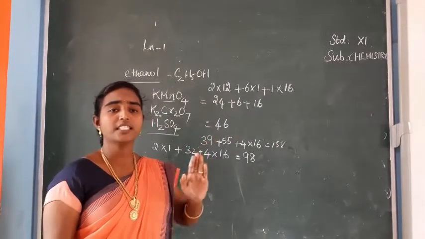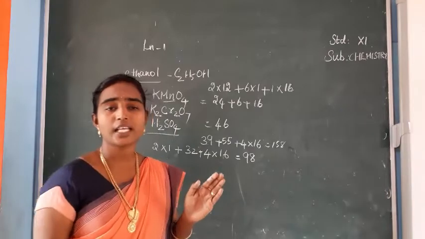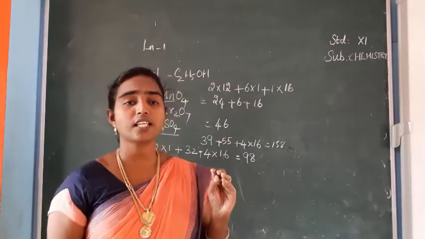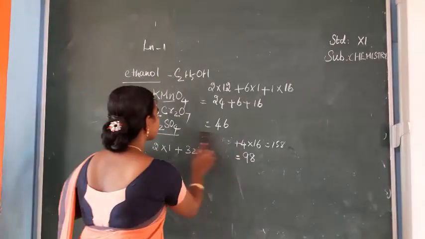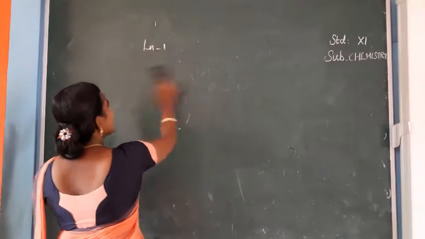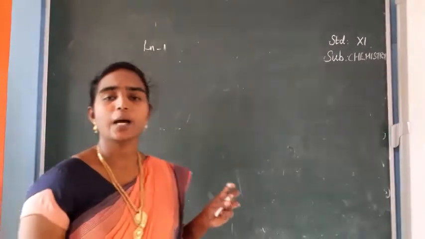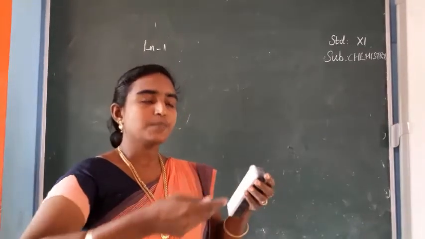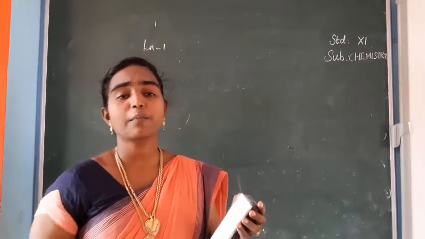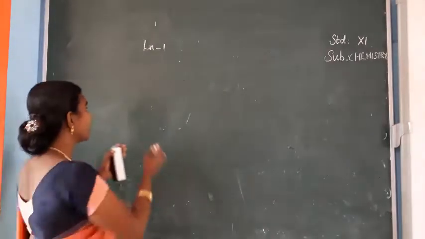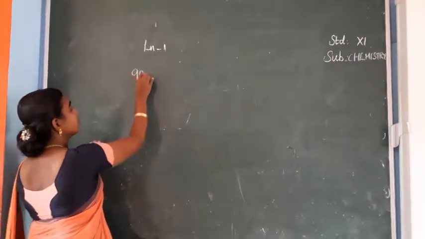The next part is how to calculate the number of moles, isn't it? One of the Evaluate Yourself questions: calculate the number of moles of atoms present in 9 gram of ethane. The weight is given as 9 gram.